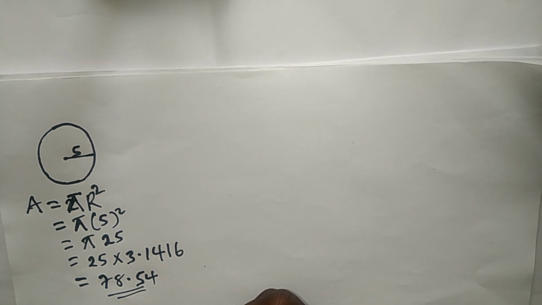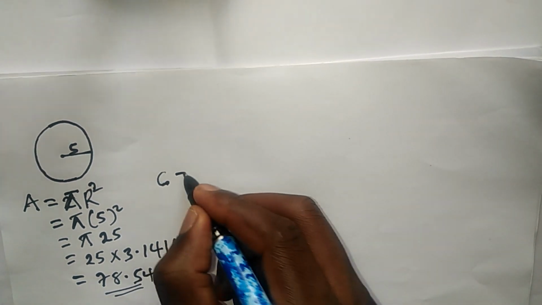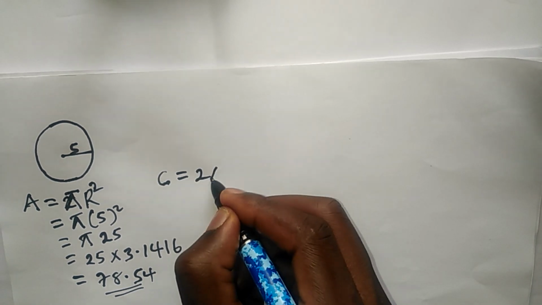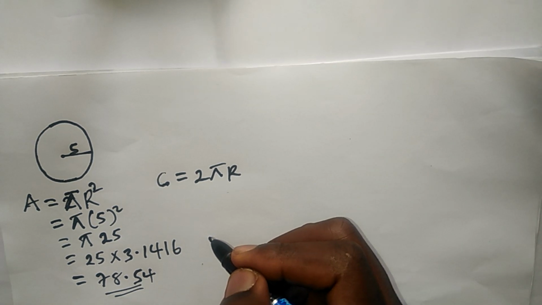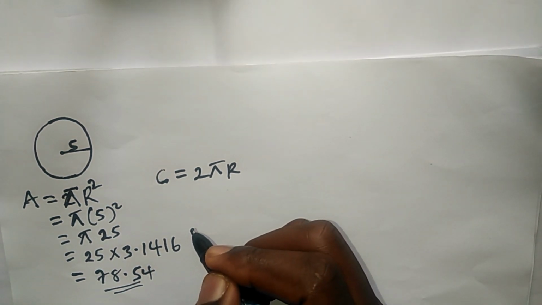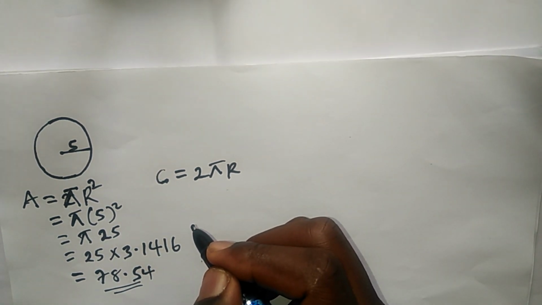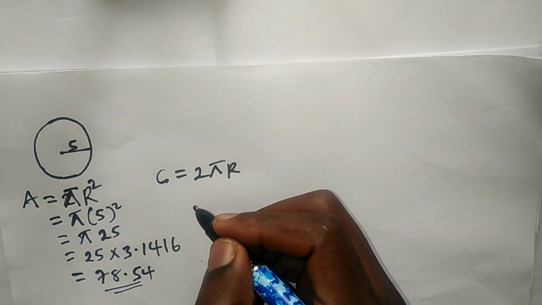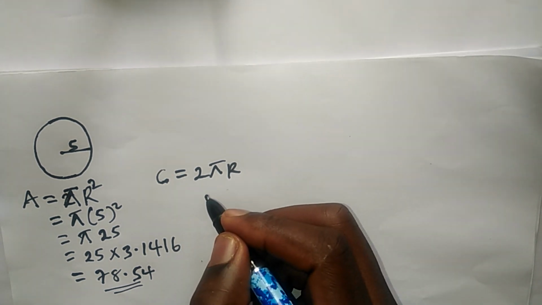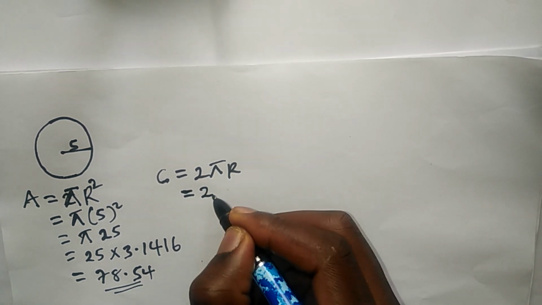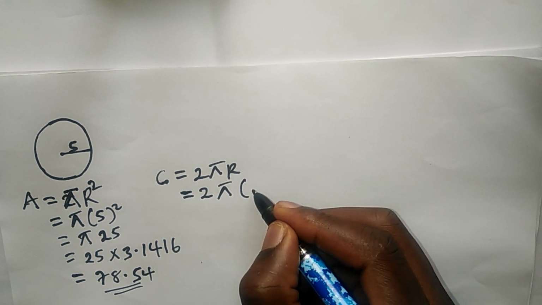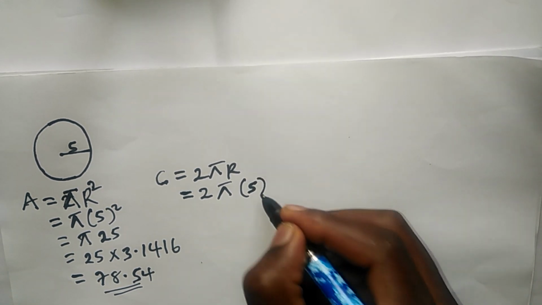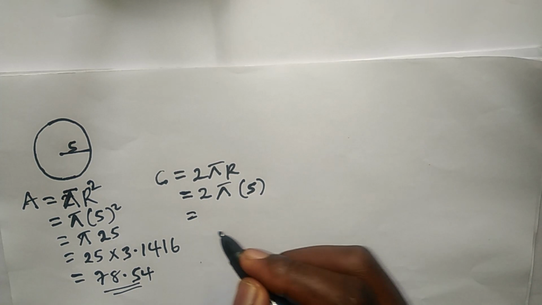So what about the circumference of the circle? For the circumference of this circle, we have C equals 2 pi r. Therefore, the circumference of the circle is going to be 2 pi, then the r, you know, is 5, the radius is 5, right?